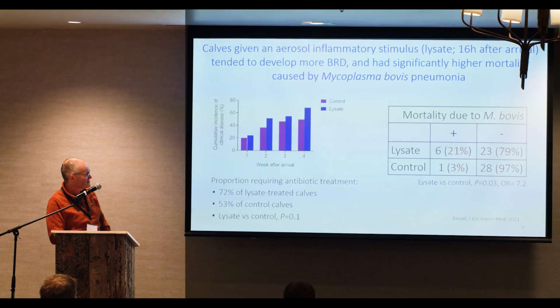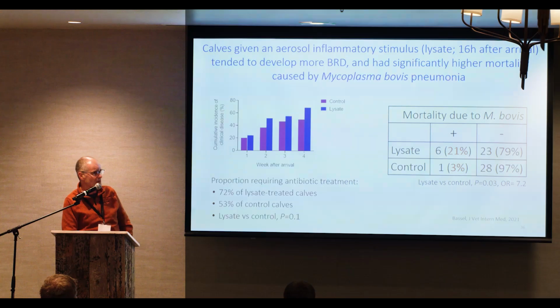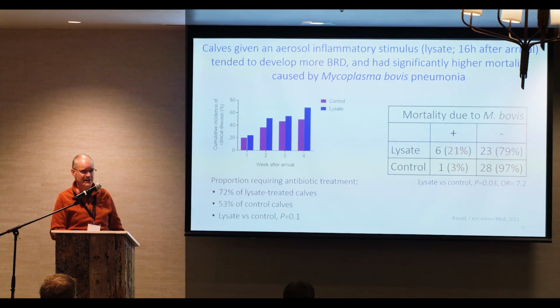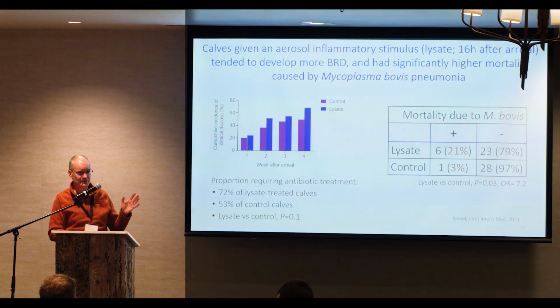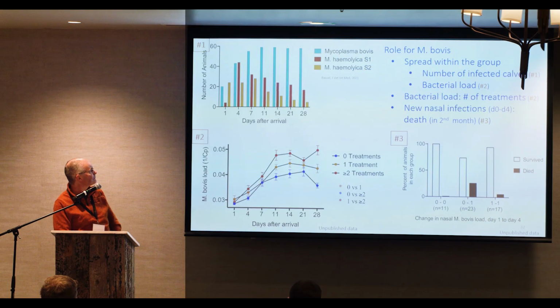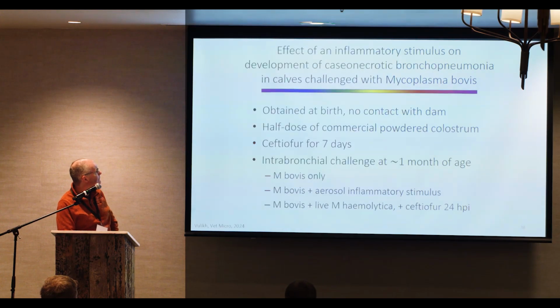So that kind of changed our way of thinking about how BRD developed, and a couple of collaborators had very similar findings. It seems that inflammation soon after those calves arrive to feedlots results in a worse BRD outcome than calves that don't have inflammation in their respiratory tract. I think I'll skip this slide again.